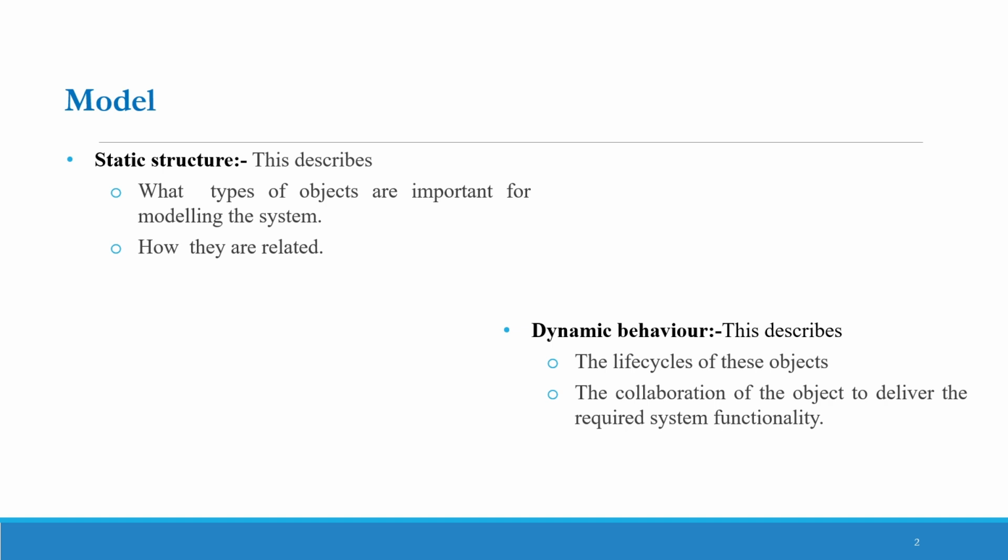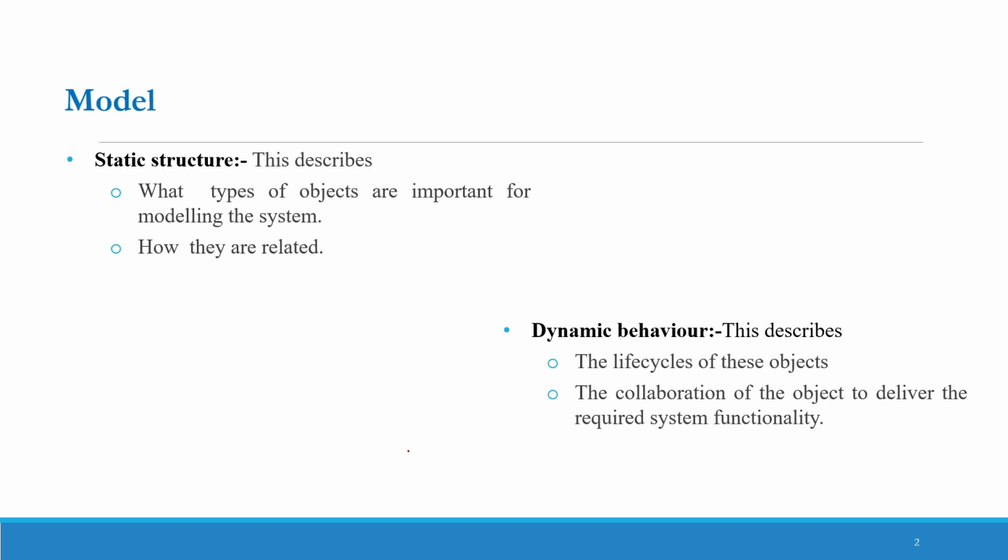So let's define a model. A model is an abstract representation of a system before it is constructed. So modeling simply is the representation of the system abstractly before it is constructed. We have two types of models. The first one is the static model.